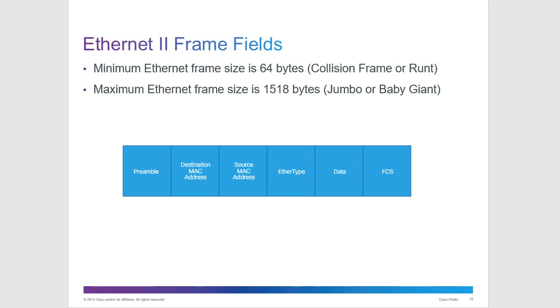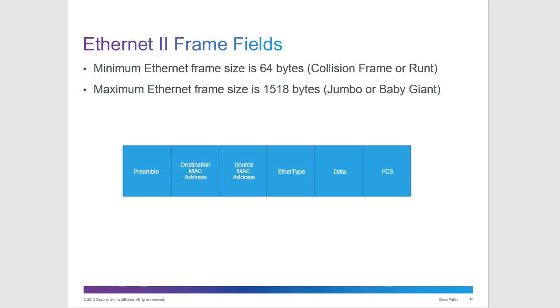So you do want to know the minimum size for your Ethernet frame and the maximum size. So 64 bytes and 1518 bytes. All right, that's going to be important, probably a test question. Anything lower than 64 bytes is going to be called a runt or a collision frame, and if your node receives a frame that is lower than that, it's going to discard it.